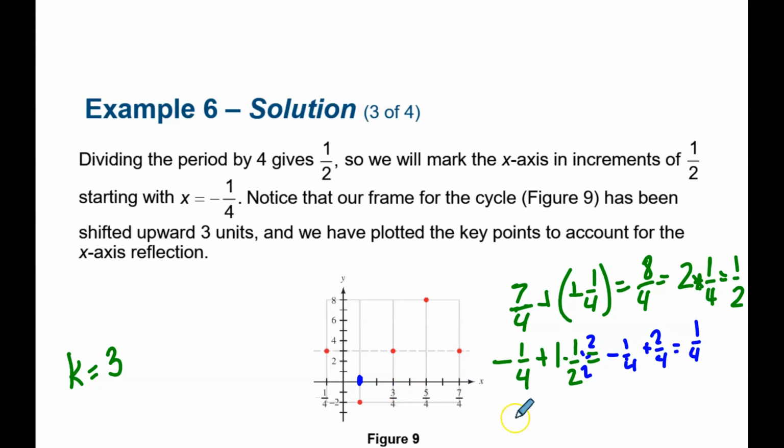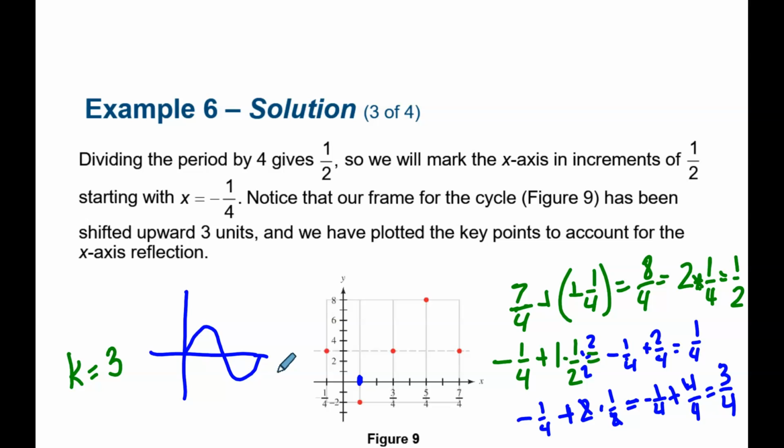The next will be negative 1/4 plus 2 times 1/2, which is negative 1/4 plus 1, or 3/4. And then we do the same thing for the next, negative 1/4 plus 3 times 1/2, and we get 5/4.